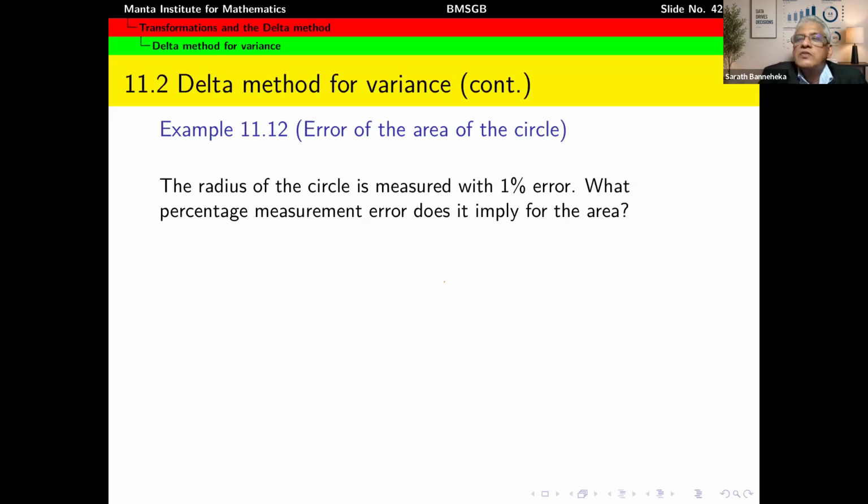So suppose the radius is some unknown quantity denoted by rho, and suppose the observation, the measured value, is denoted by x. In that case, the error will be x minus rho. So is this problem telling us that x minus rho is 1% of rho? Is that what it's saying?